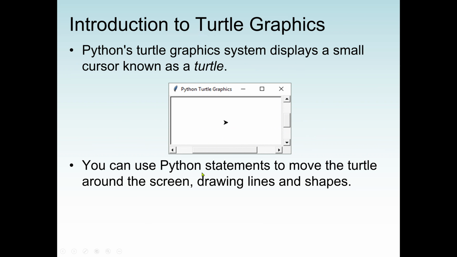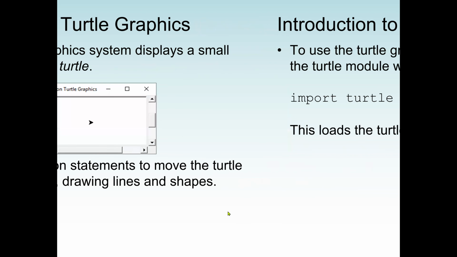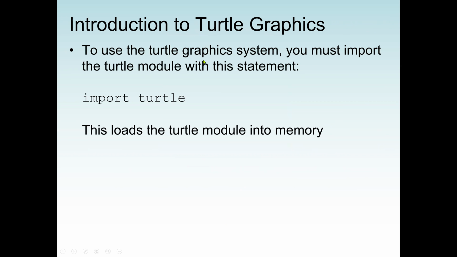So here we say we can use Python statements to move the turtle around the screen, drawing lines and different types of shapes. To use the turtle graphics system, the first thing we need to do is import the turtle package. So the keyword import and the name of the library file, turtle.